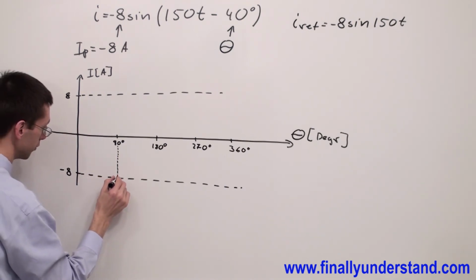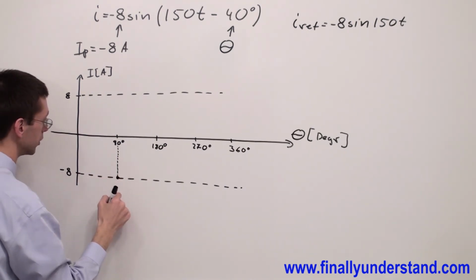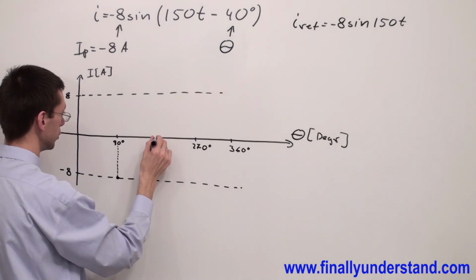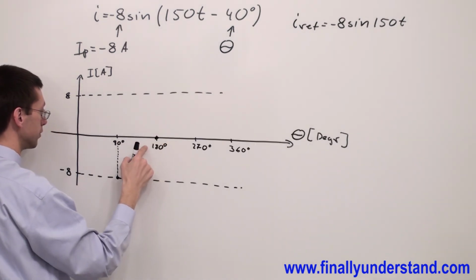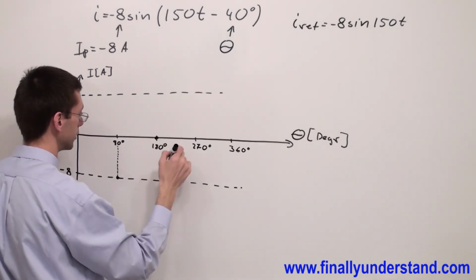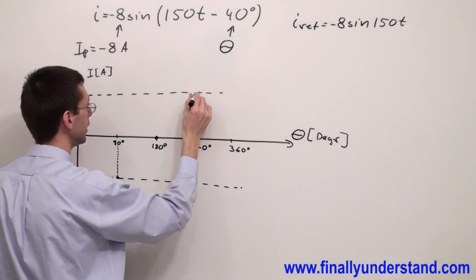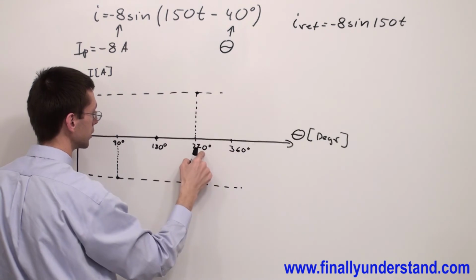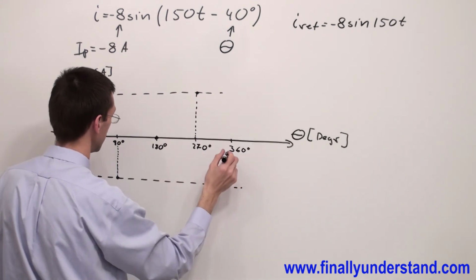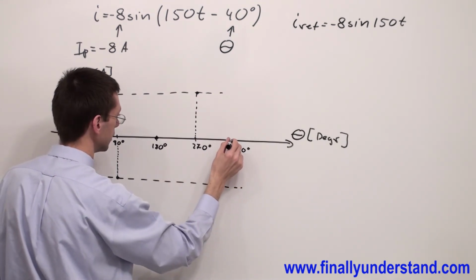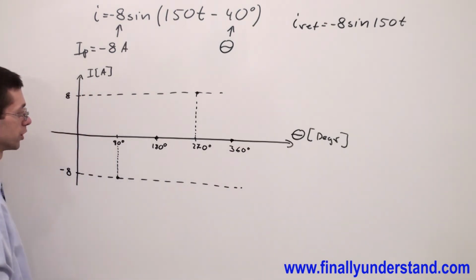So this is going to be peak value of my reference sine wave. This is going to be positive going zero crossing at 180, and I'm going to have positive peak at 270 degrees and negative going zero crossing at 360.